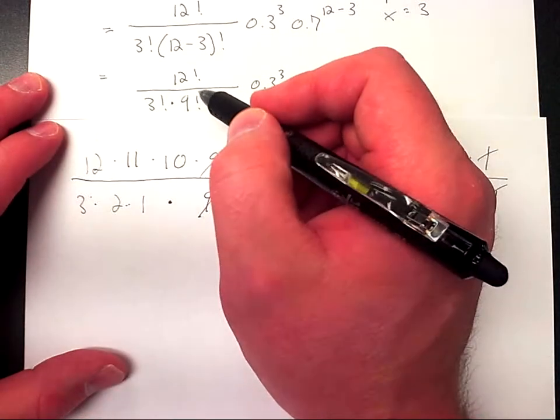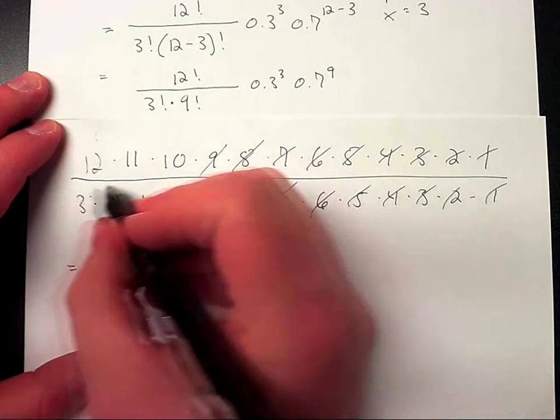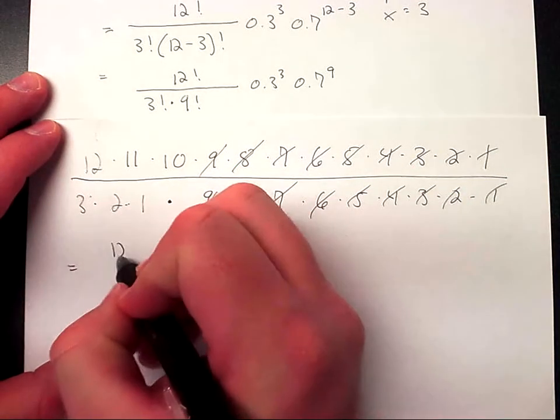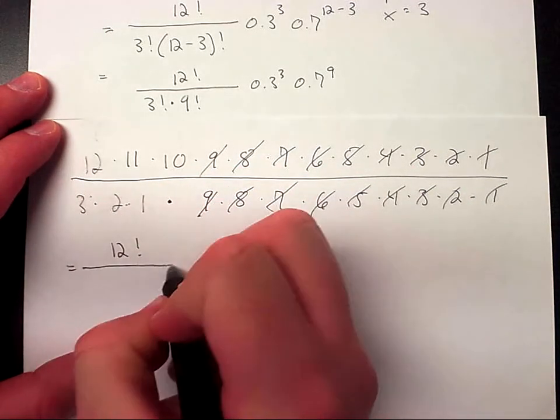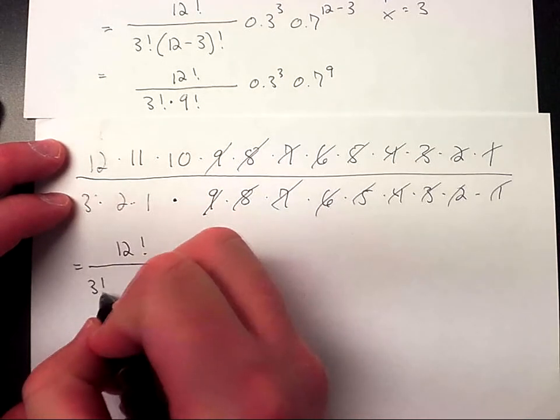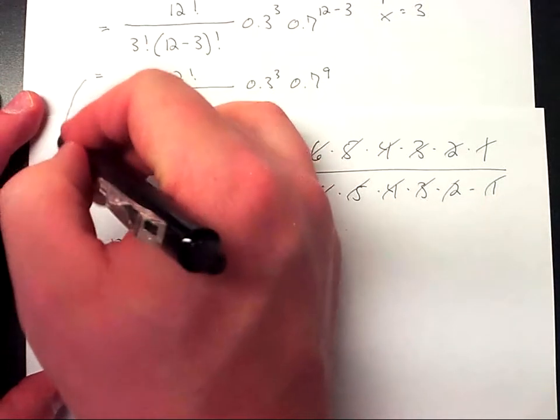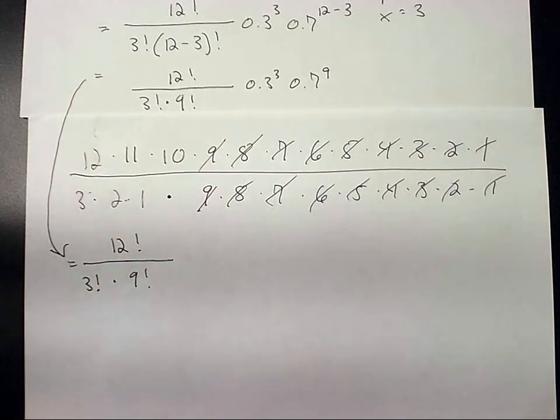So now let me take this right here and rewrite it again, to show you guys that you don't have to write all of this out. Because up here in the numerator we had 12 factorial, and here in the denominator we had 3 factorial times 9 factorial, right? So I'm just rewriting this down here one more time. What you can say then is that 9 factorial is included in the 12 factorial, right?